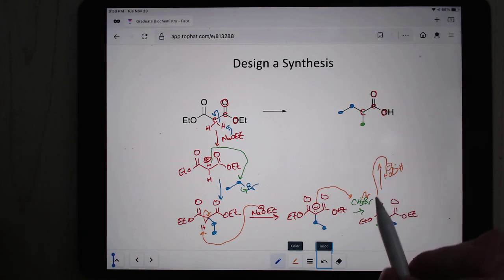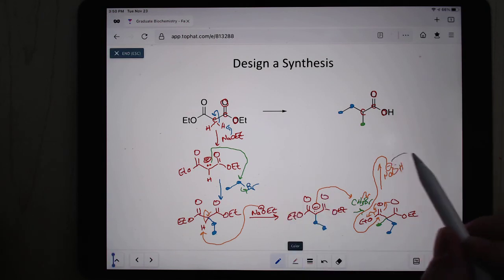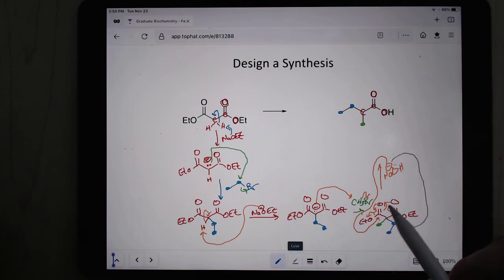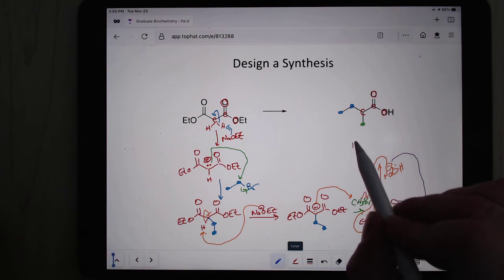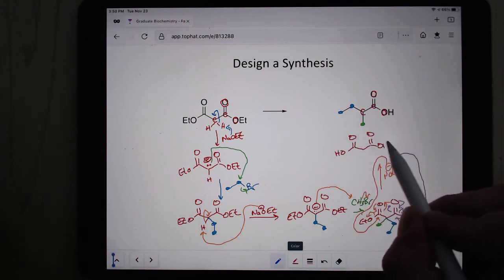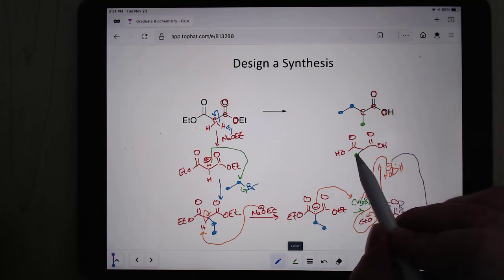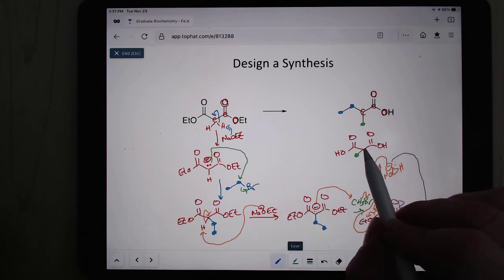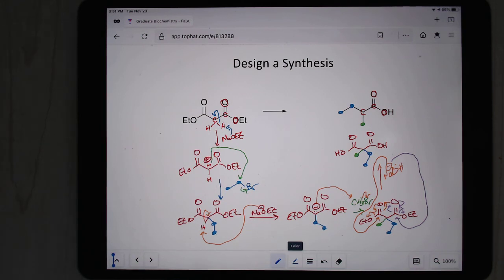And so these are going to come in here, up, down, kick away, as well as here, up, down, kick away. And so when you do that, you're going to end up with carboxylic acids on both sides, essentially. So you're going to end up with that.